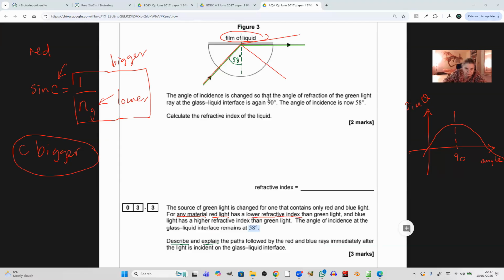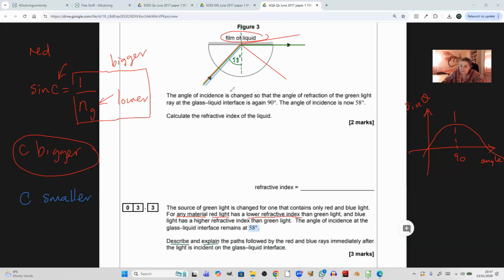What's going to happen for the blue ray? We're going to get a blue ray coming in. For the blue ray, the refractive index is bigger, which means our critical angle is going to be smaller.